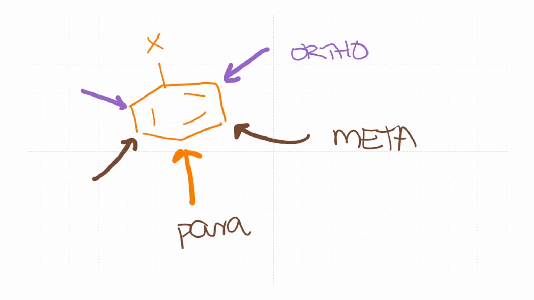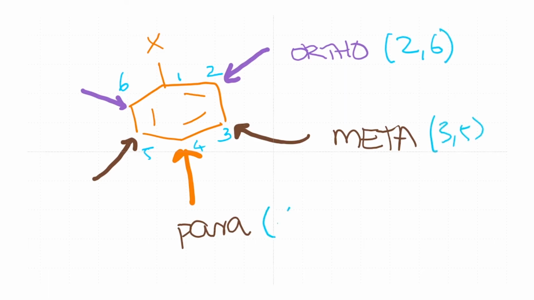If I number the carbons, 1, 2, 3, 4, 5 and 6, ortho is 2 and 6, meta is 3 and 5, and para is carbon number 4.